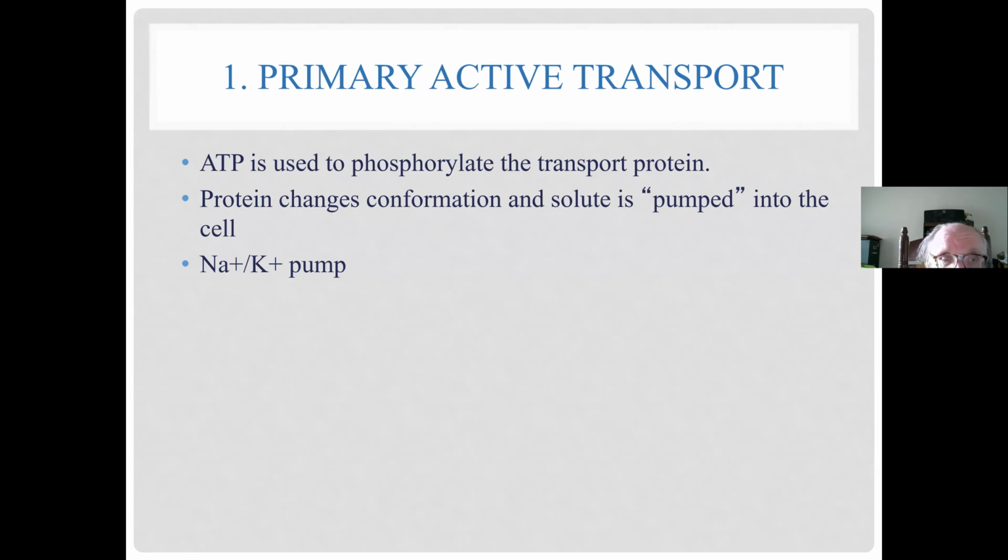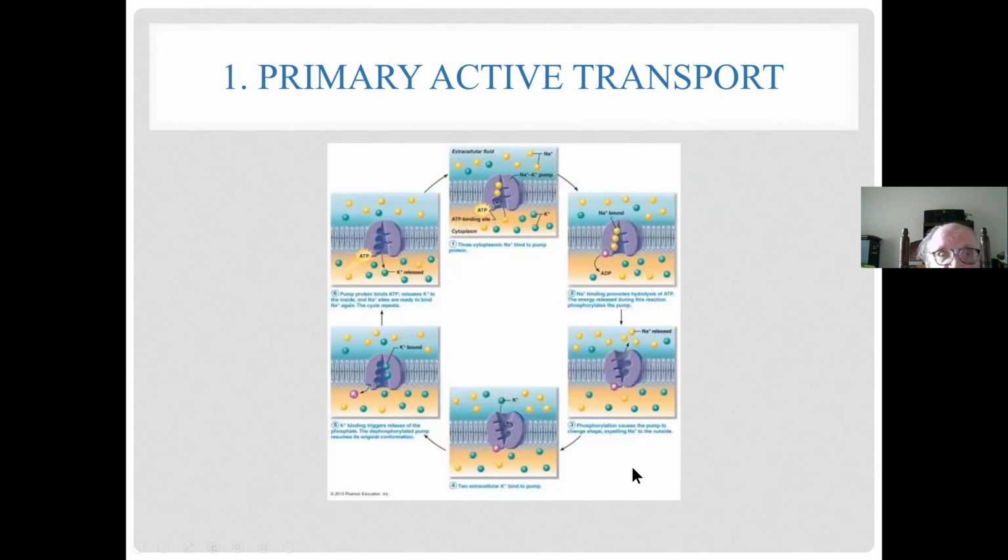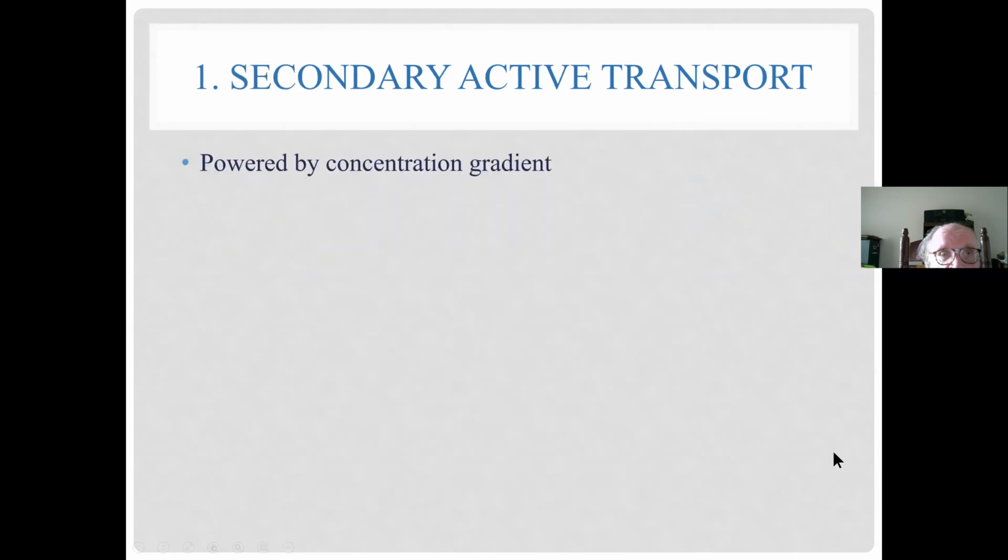This involves the sodium potassium pump at a number of places, where we're trying to pump one of these electrolytes against the concentration gradient. So we're priming up a transport protein, giving it some energy so it can move one of these electrolytes against the concentration gradient, so it can be pumped into the cell. And this is just an example of it.